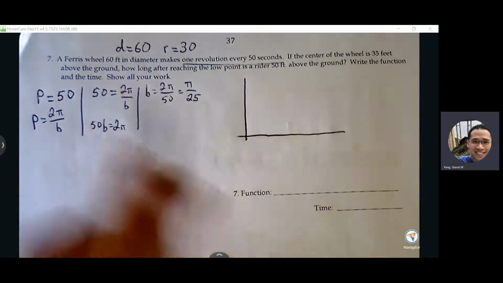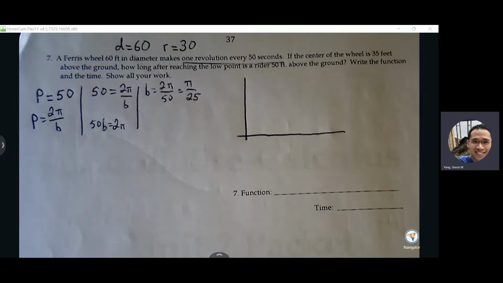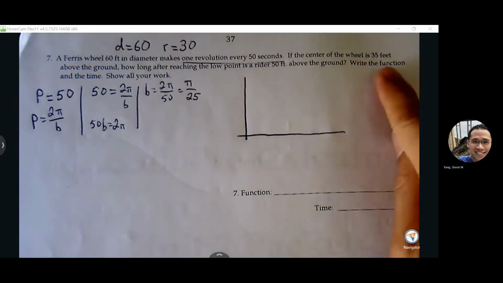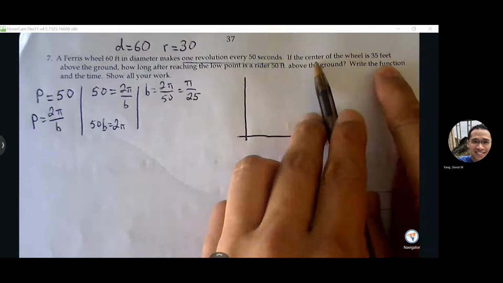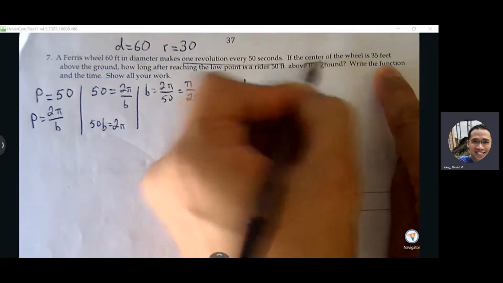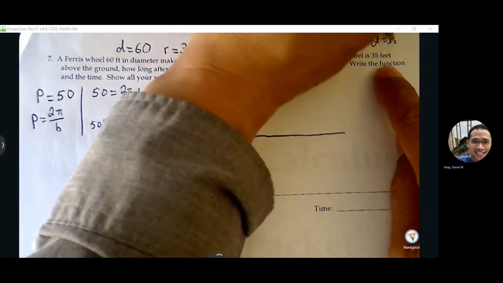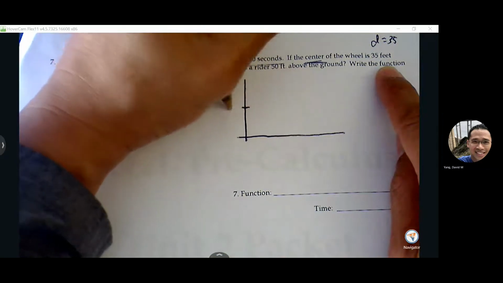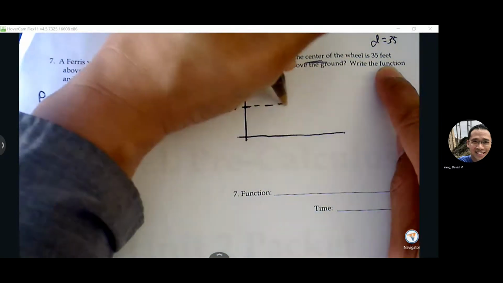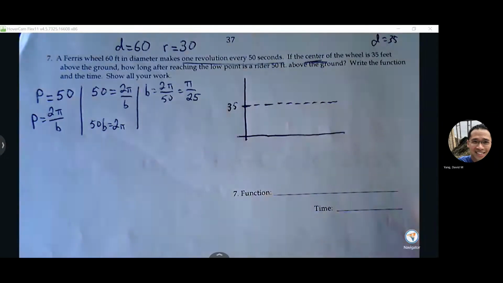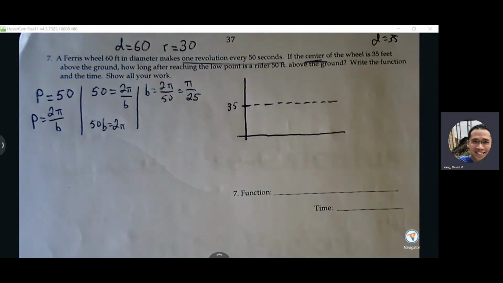If the center of the wheel is 35 feet above ground, what is that 35 telling us? Center is the midline, yep. So if we know the midline is 35, how can we find the minimum and the maximum?